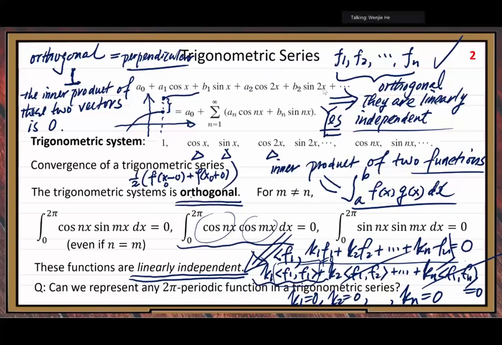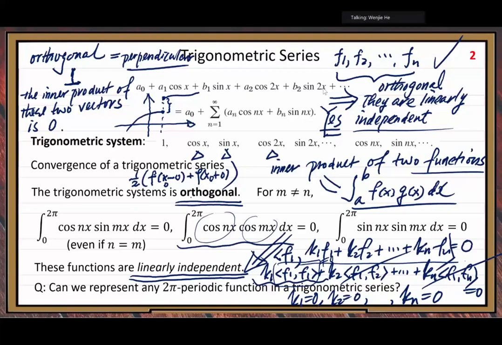Minus 0 means you take the limit from the left, plus 0 means you take the limit from the right. The two limits are different, then the average is the value of the convergent series.